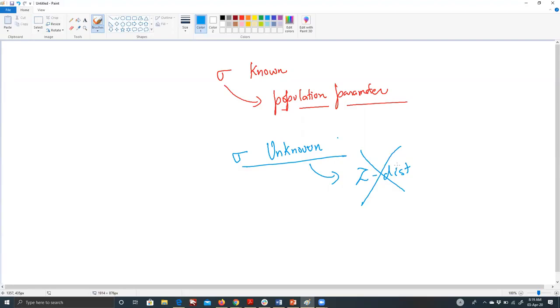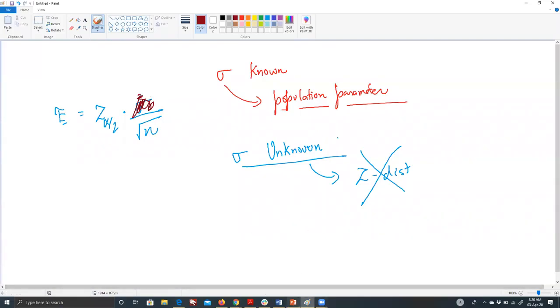You can see it in the error calculation itself. For two-tail, the equation is like this. But unfortunately, we do not know this. If this is not given, then it would be slightly hard, but we can find some approximation to solve the problem. These kinds of problems are called sigma unknown problems.